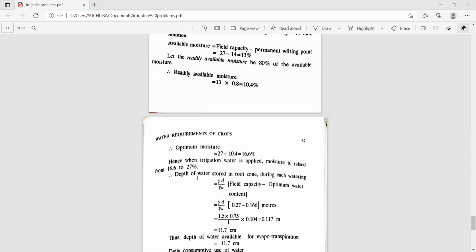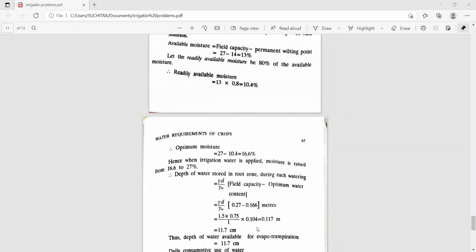Now, we have already derived this equation. The depth of water stored in the root zone of the crop during each watering is gamma D over gamma W, multiplied by field capacity minus the optimum water content. Gamma is the density of soil, D is the depth, and gamma W is the unit weight of water. The density of soil is 1.5 gram per centimeter cube, and the depth of the root zone is 75 centimeter or 0.75 meter, divided by the unit weight of water, which is 1.